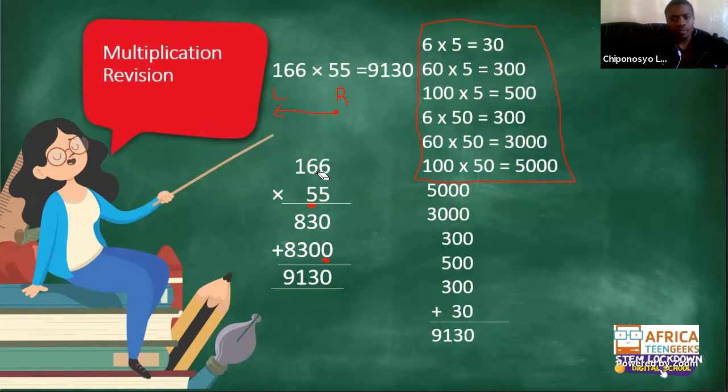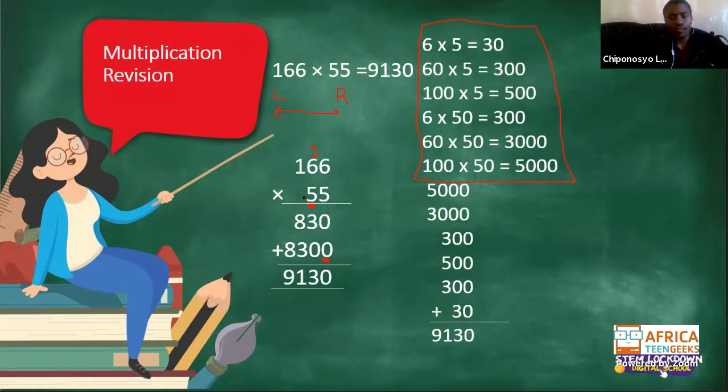The 5 here multiplied by 6 is what? It's 30. But I put a 0 after the placeholder I've placed. I carry what? 3. Right. So 5 times 6 is 30.